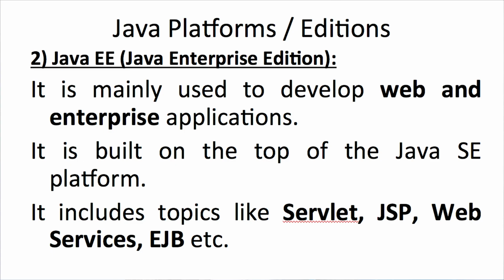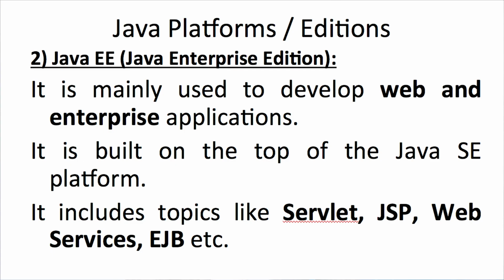We have different web related technologies under this enterprise edition, and these are advanced technologies. By using these web and enterprise applications, we can make our software secure and give our application the feature of load balancing. It is built on top of the Standard Edition platform.